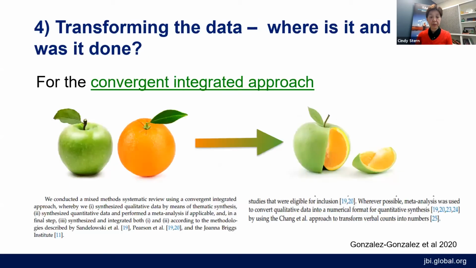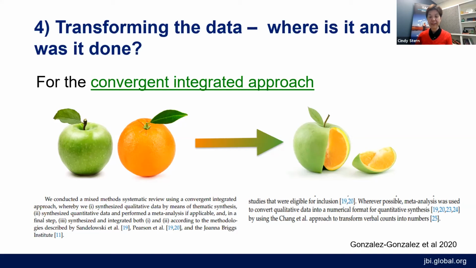Another issue that we've identified, and this is particularly for the convergent integrated approach, is around data transformation. Transformation occurs when one type of data is transformed into another format. In our guidance, we specifically advocated for qualitization of quantitative data. So this review by Gonzalez and Gonzalez, looking at end-of-life care preferences in older patients, stated that they followed the convergent integrated review.